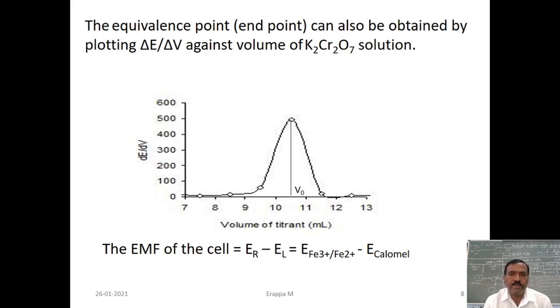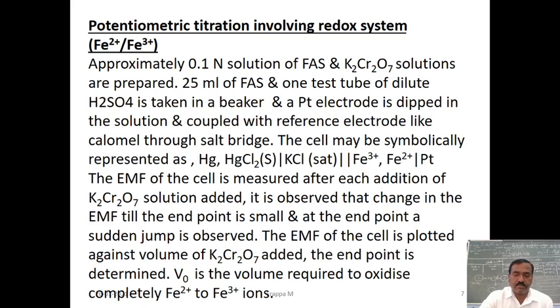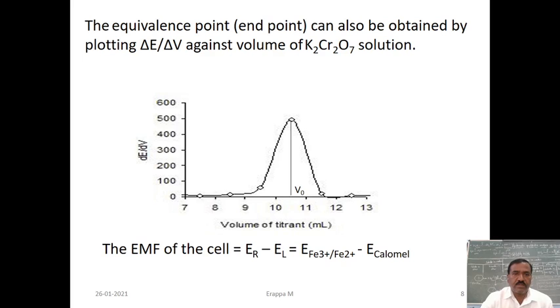We can observe this type of curve. Plot delta E by delta V against the volume of titrant in ml. We get a peak in the curve. Let V0 be the end point of the titration, which is the equivalence point.